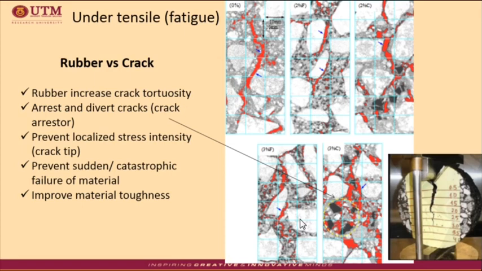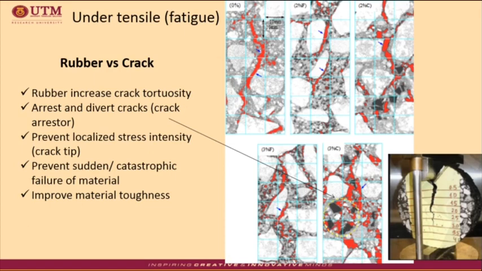before the cracks select other weak paths to further propagate under the repetitive load cycles, which could improve the material toughness. This is clearly shown in the figure, especially for the specimen with coarse rubber particles.